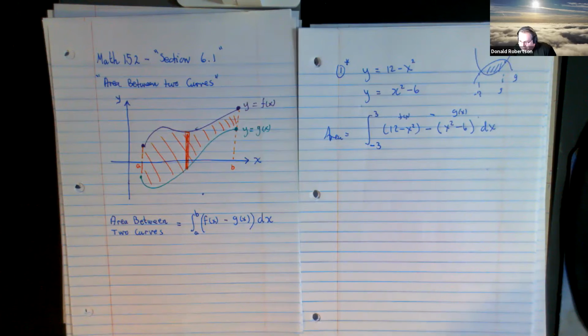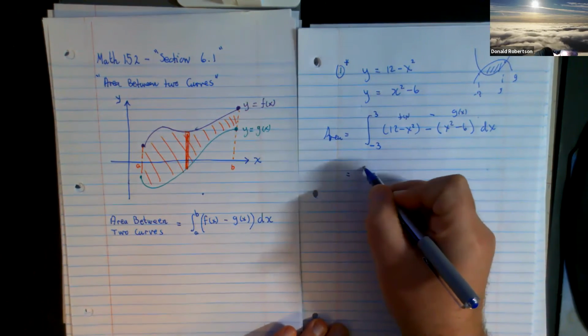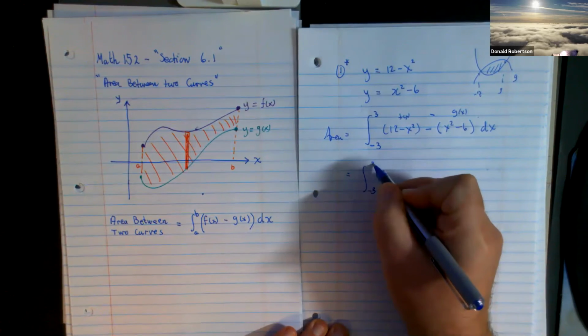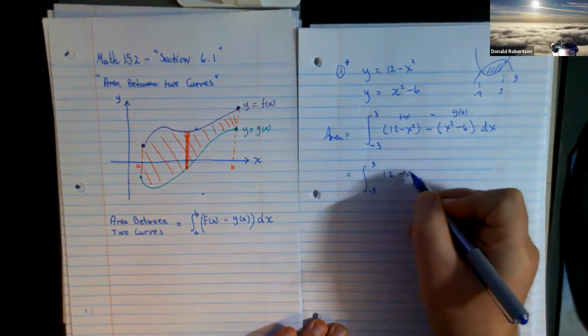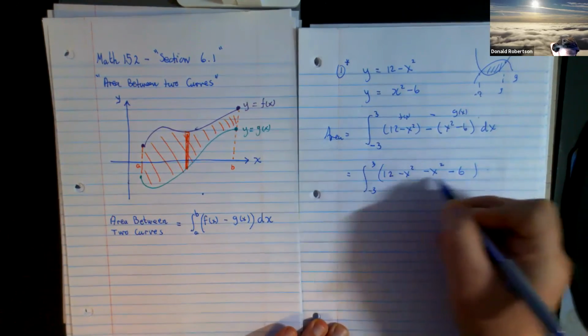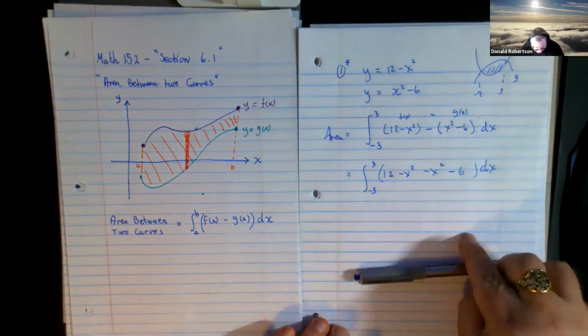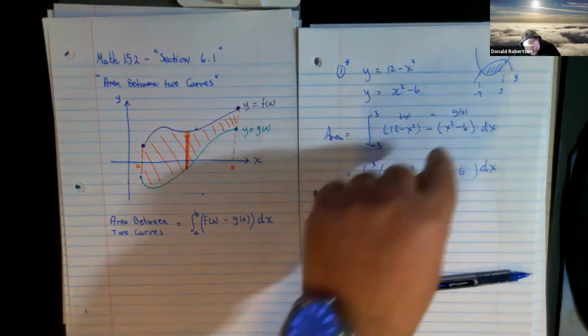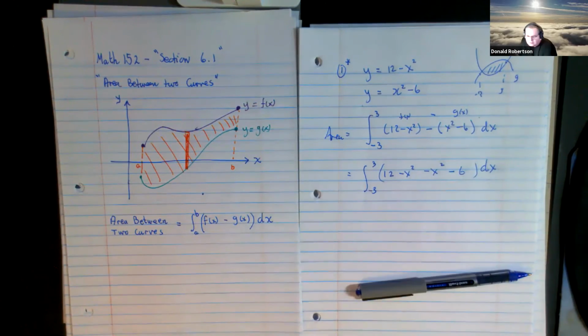Most of what's about to happen now is just pretty basic algebra and power rules and all the stuff that you need to do. So the first thing I'm going to do is make a mistake. This guy, take away this guy, and I wrote that down.